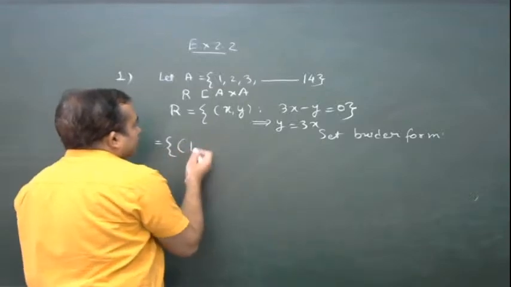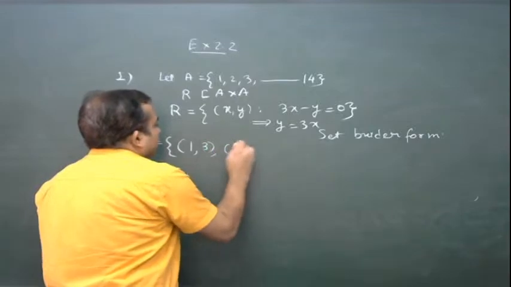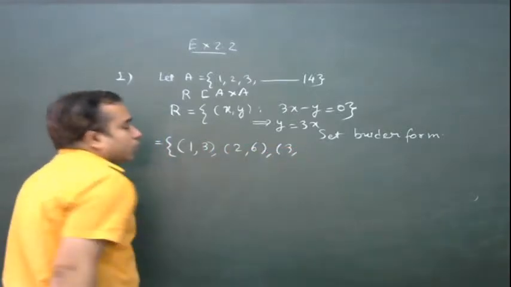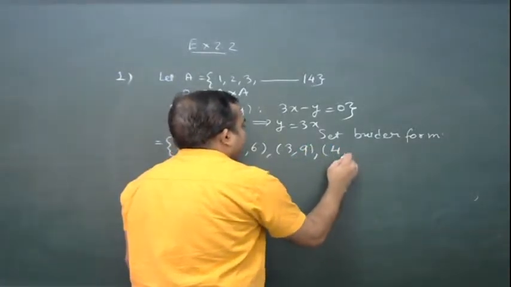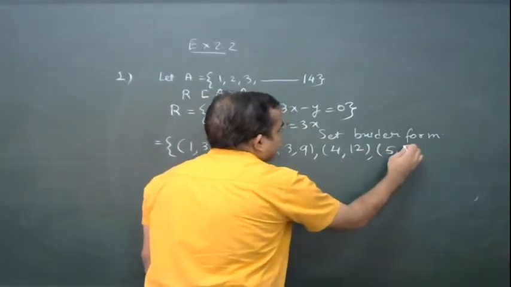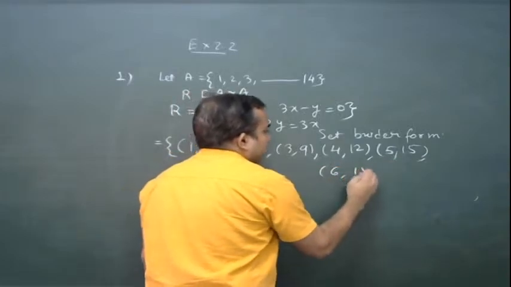Suppose the first element is 1, then the second element will be 1 into 3, that is 3. 2 comma 6, 3 comma 3 into 3 is 9, 4 comma 4 into 3 is 12, 5 comma 5 into 3 is 15, 6 comma 6 into 3 is 18.